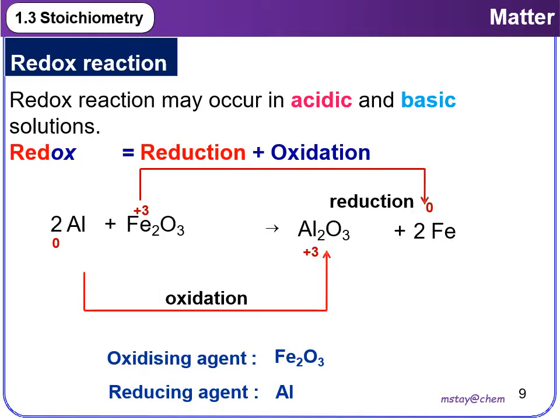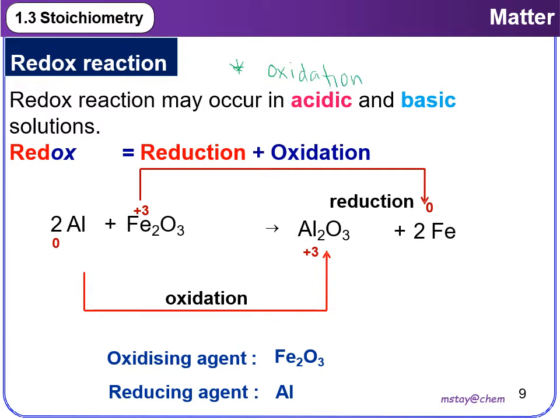There are a few methods to identify whether a substance undergoes reduction or oxidation, but normally when we want to balance the equation, we will check the oxidation number.